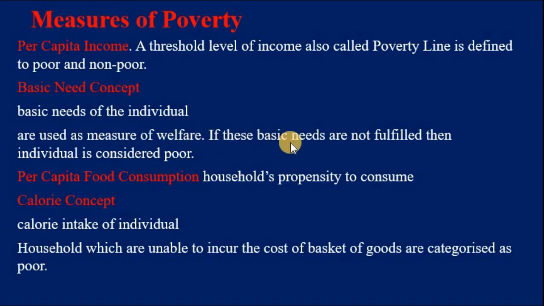If these basic needs are not fulfilled, then that particular individual or household is considered poor. So all these basic needs should be attained. If not attained, then that is poor.